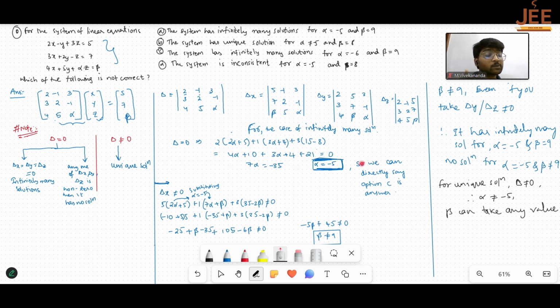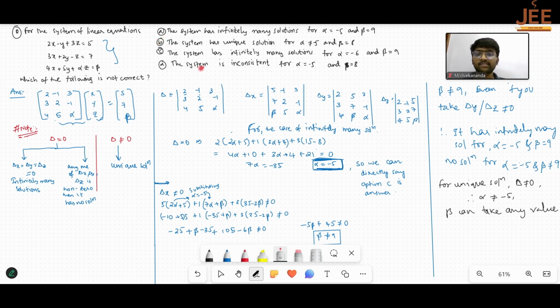And if alpha is not equal to minus 5, it will have a unique solution irrespective of the value of beta. Beta can take any value. So if we check the options, the system has a unique solution for alpha not equal to minus 5, which is obviously correct. So this is not the answer, because we have to find the incorrect one.